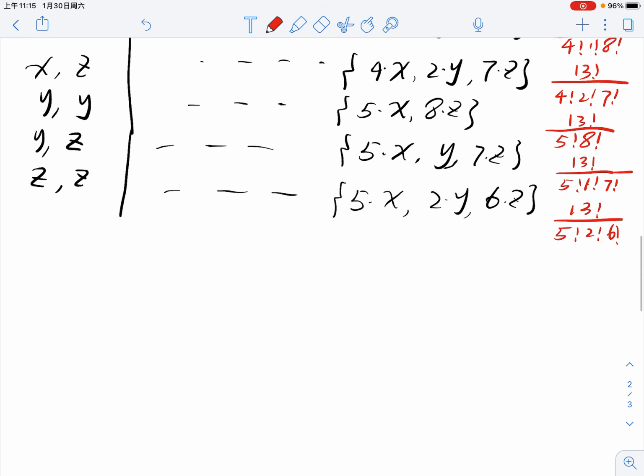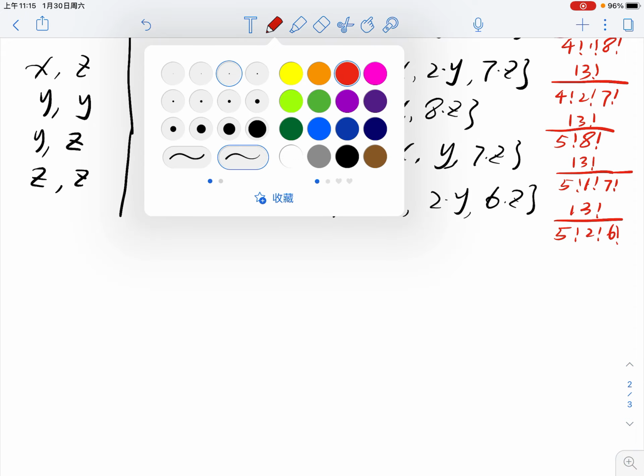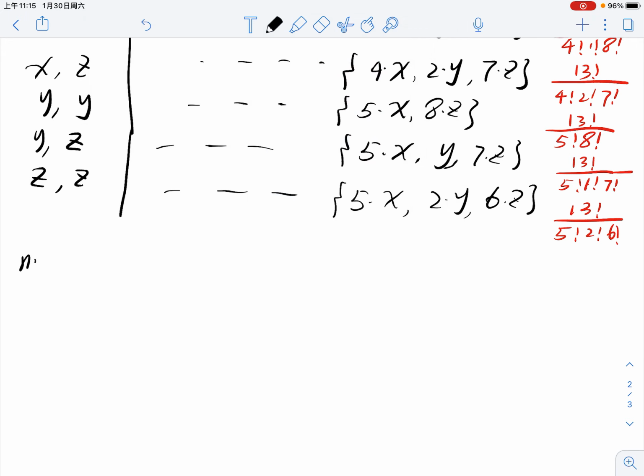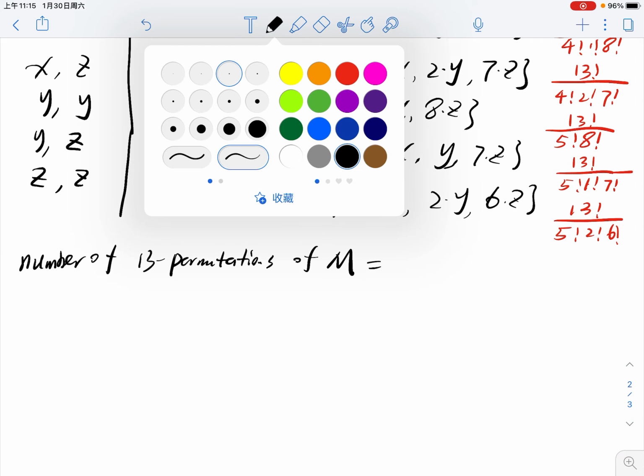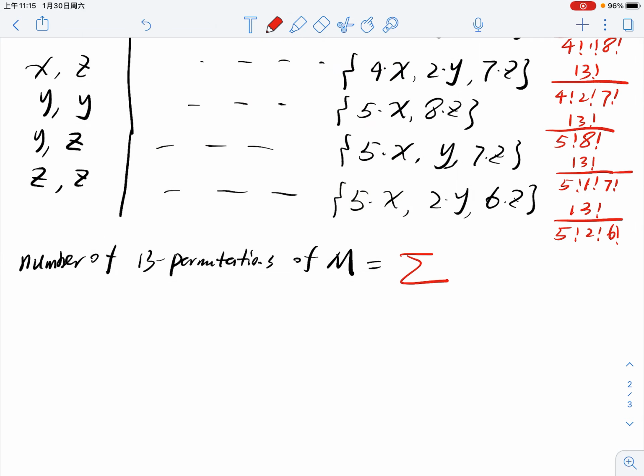So the number of all 13-permutations of the original set M will be just a summation of all such numbers of permutations of subsets.